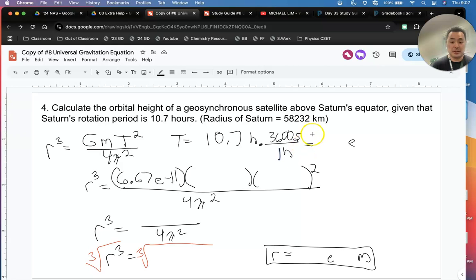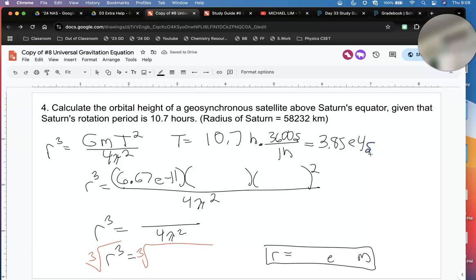We're going to round only to the hundredths, so it's going to be 3.85. Your calculator says 3.85 something, but we don't use the extra digits because that's too many numbers. We just do 3.85, and then the exponent is what? Correct. So that's how many seconds it takes for this satellite to go around Saturn.